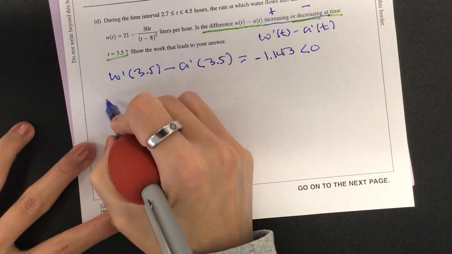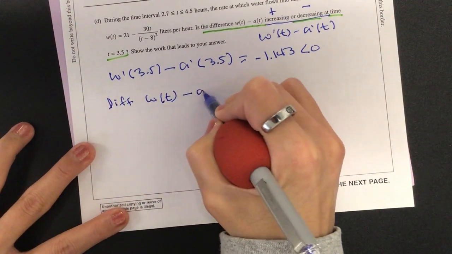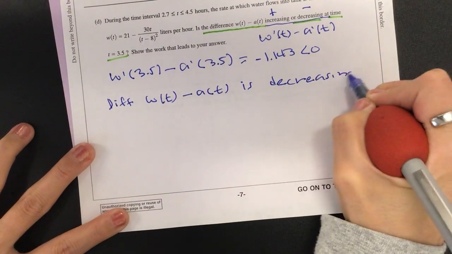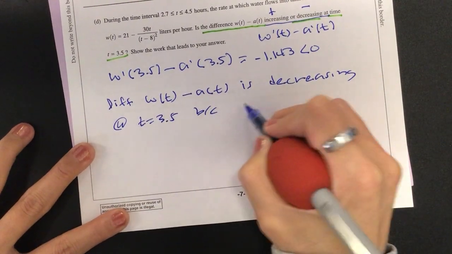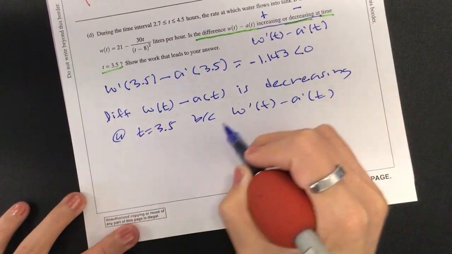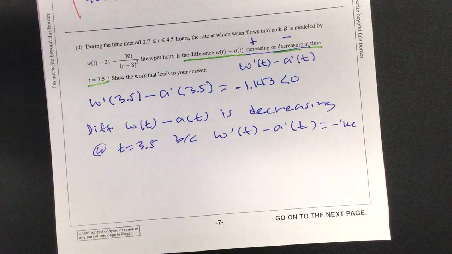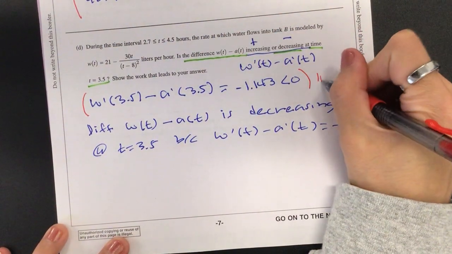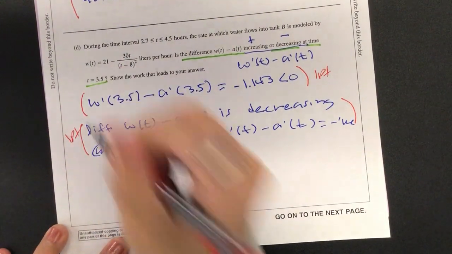So we have difference of W of t minus A of t is decreasing at t equals 3.5 because W prime of t minus A prime of t is negative. And then our point system, finding that it is a negative value, the whole thing is 1 point. And the phrasing with the key concept is going to give you another point.